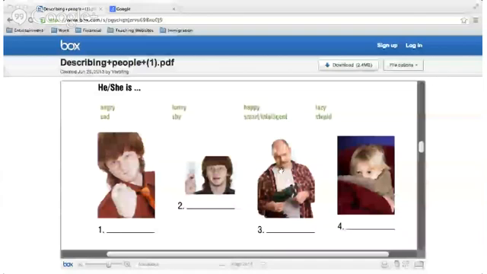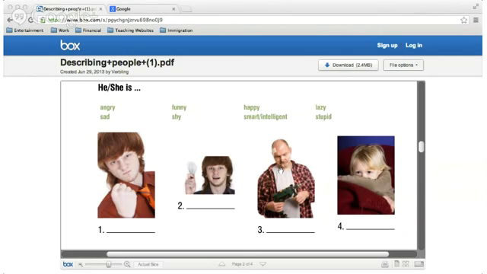All right, let's take a look at our next one here. And Chad, yes. One more. Fat-headed. You could call him fat-headed or thick-skulled.